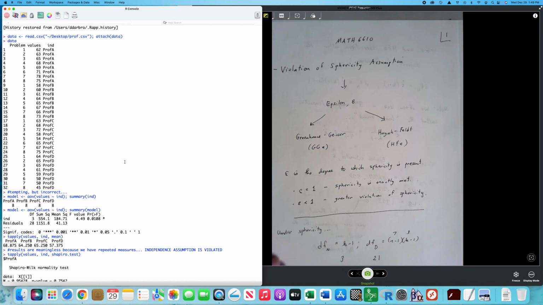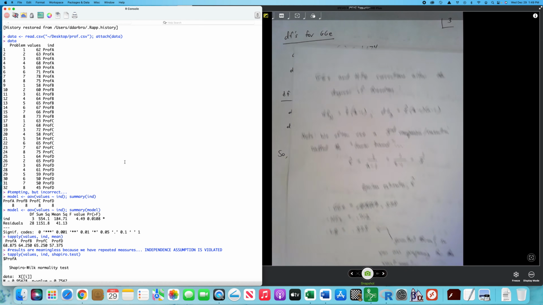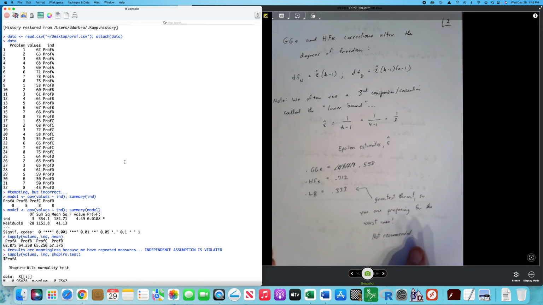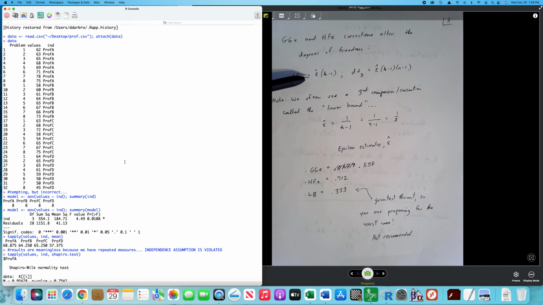Now, I think what follows is kind of cool. For the 2 correction methods, we alter the degrees of freedom. And we alter the degrees of freedom by taking each of the degrees of freedom times the estimated epsilon. Now, this estimated epsilon, again, is different for the 2 estimation methods.